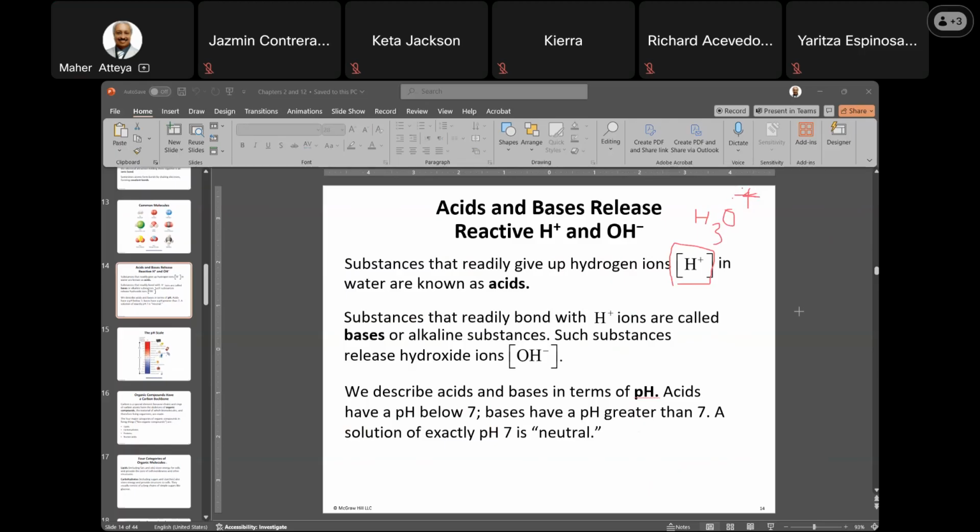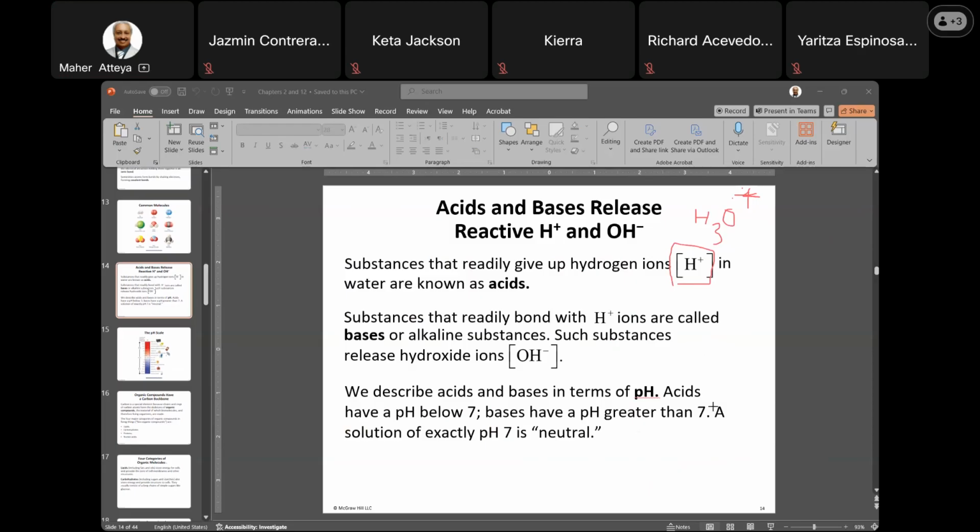Hydrogen ions means proton. Acids, when they dissociate in H2O, produce hydronium ion or proton ion, H plus or H3O plus. The bases are compounds that dissociate in H2O and accept this hydronium ion, and they can also release OH ion.